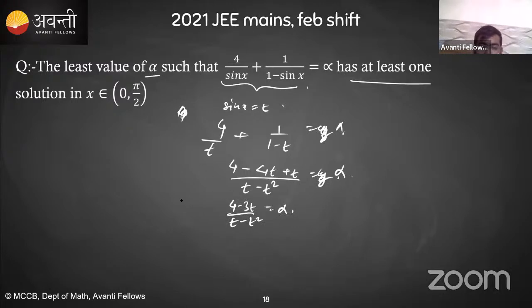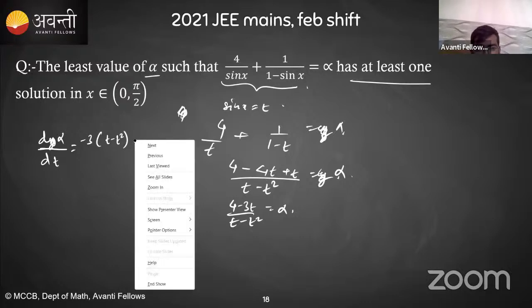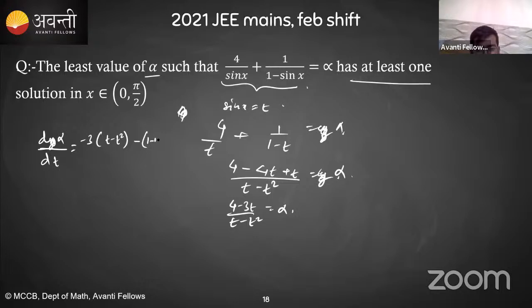Right? Now, I am going to differentiate this to find the minimum value. So first of all, d alpha by dt will be what? D alpha by dt will come out to be minus 3 into (t minus t square) minus (1 minus 2t) into (4 minus 3t), upon the denominator square.